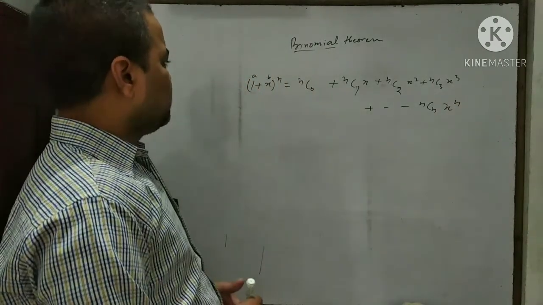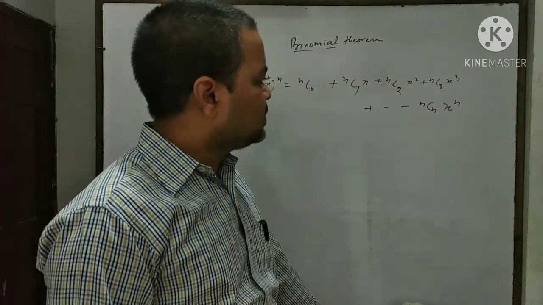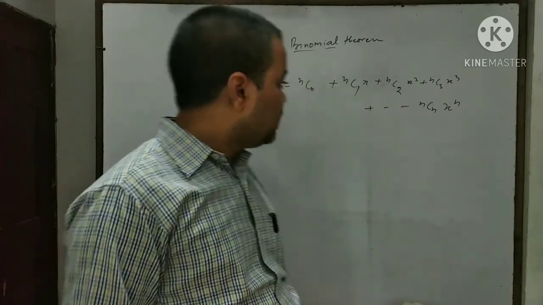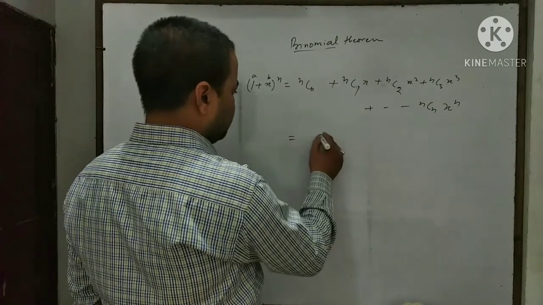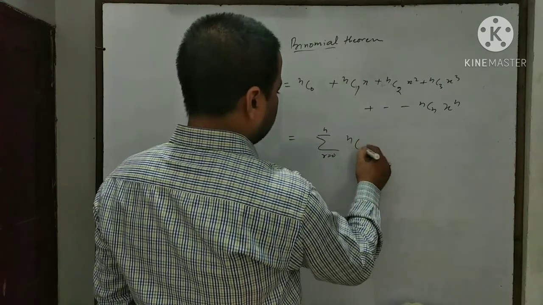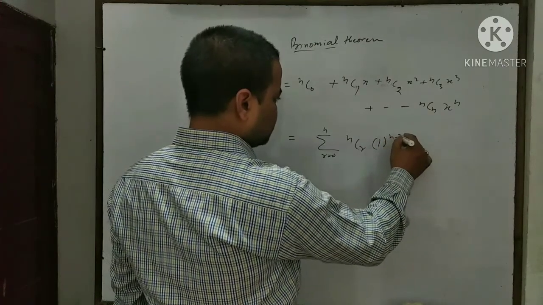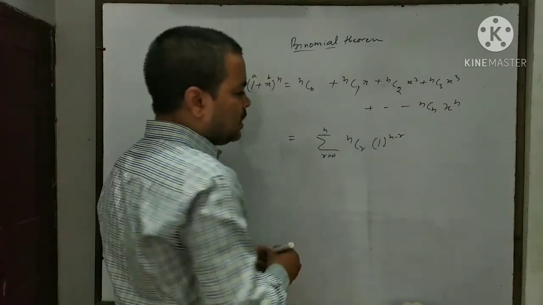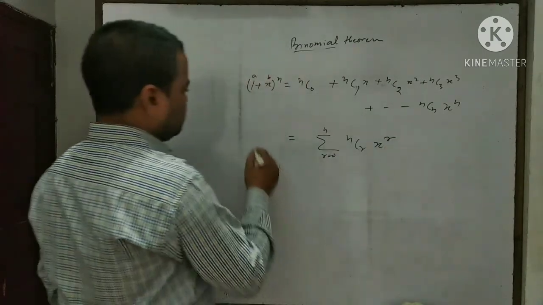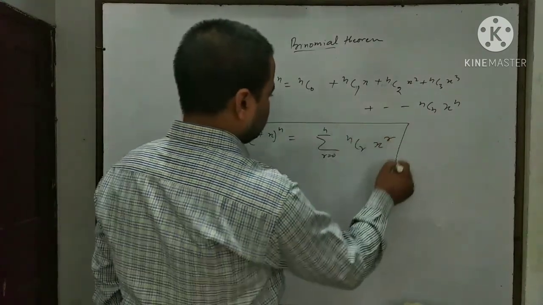It means 1 plus x raised to the power n is nC0 plus nC1 x, nC2 x square, nC3 x cube, plus nCn x raised to the power n. Here we can write it using summation, r is equal to 0 to n, nCr, 1 raised to the power n minus r, but its value will always be 1. Therefore, no need to write this, and x raised to the power r. The value of 1 plus x whole raised to the power n will be this.